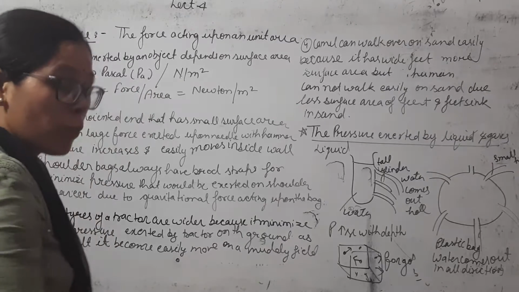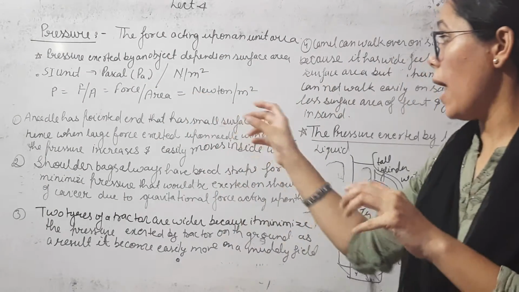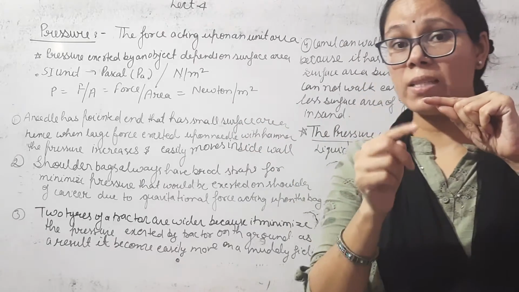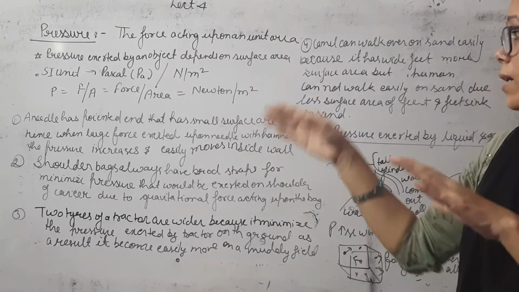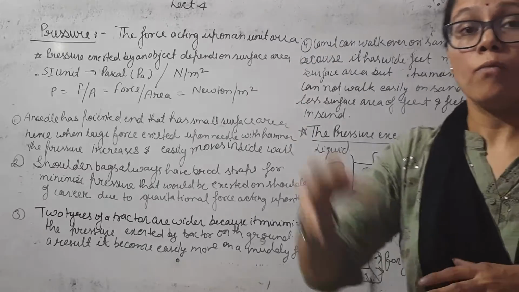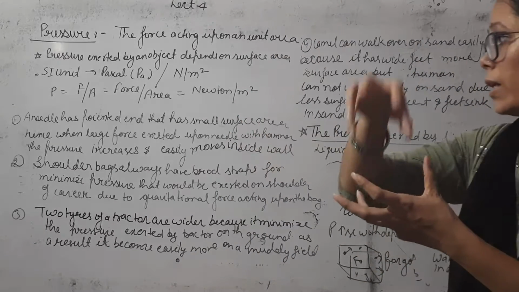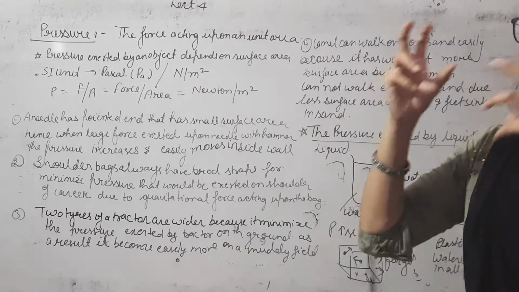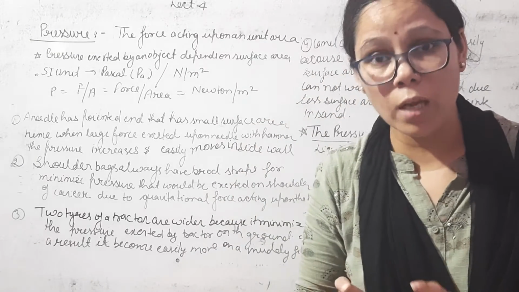Why? Because the needle has a pointed end, so the surface area is less. When a large force is exerted by the hammer on the needle, the pressure increases, and the needle easily enters the wall.